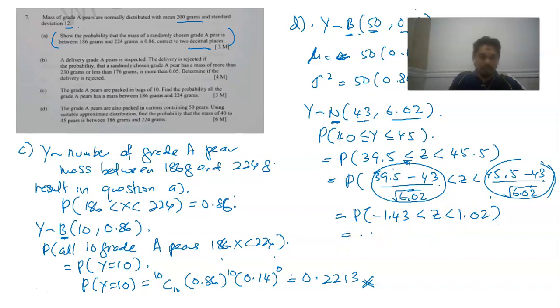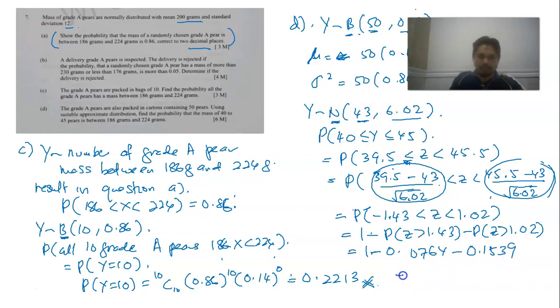So we can simplify this as 1 minus the probability of Z greater than 1.43 minus the probability of Z greater than 1.02. So 1 minus 0.0764 minus 0.1539, and the total of this is 0.7697.